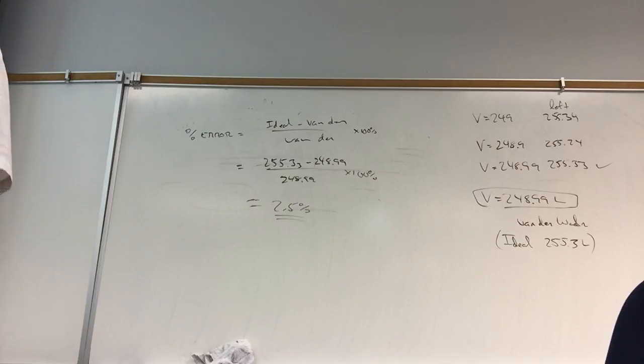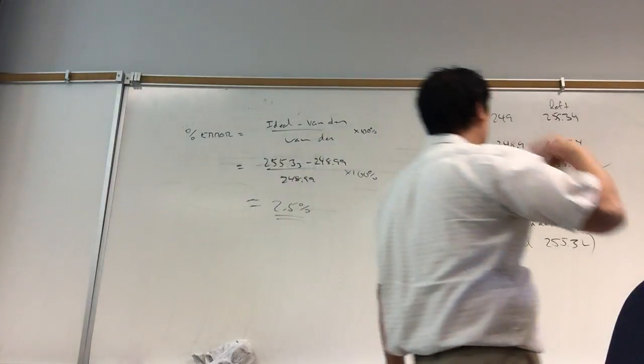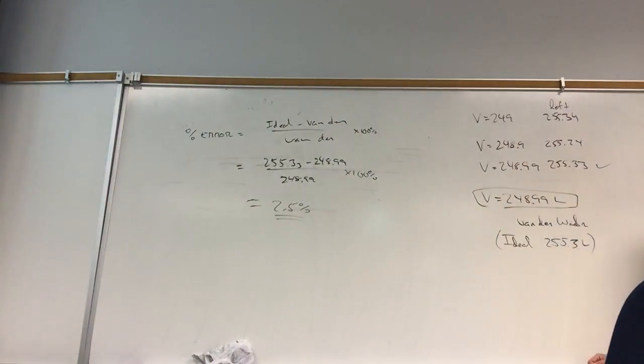If you're doing this because somebody is going to purchase some propane, and they want to buy 1 pound of propane, they're going to buy it from you. Are you going to give them 255.3 liters, or are you going to give them 248.99 liters?